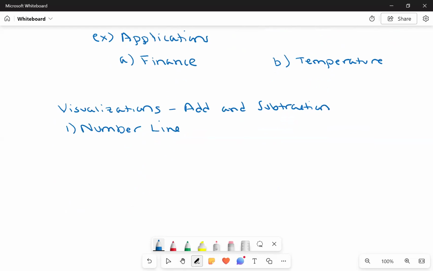Okay, so before we do the adding and subtracting on the number line, just really quick, when we talk about adding on the number line, we typically think move right. And subtracting on the number line, we think move left.